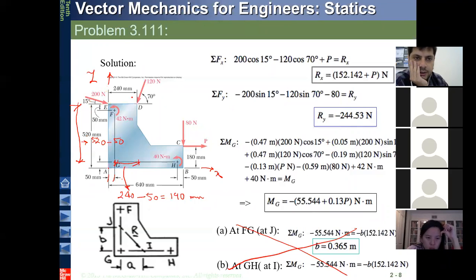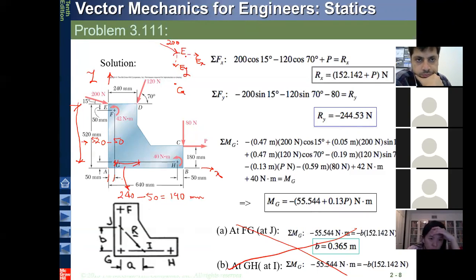When you want to calculate the moment, then you have a force here at point E, right? You have here point G. Then this is the resultant of two vectors, right? Ex and Ey.